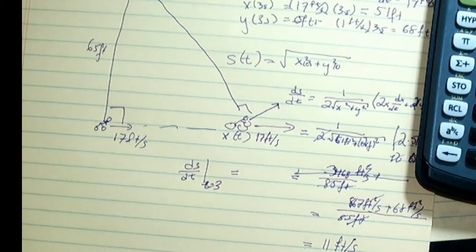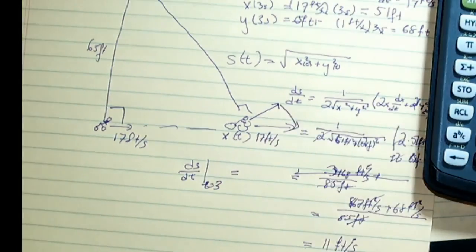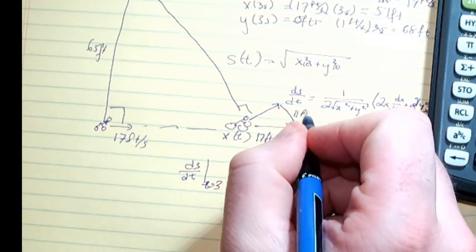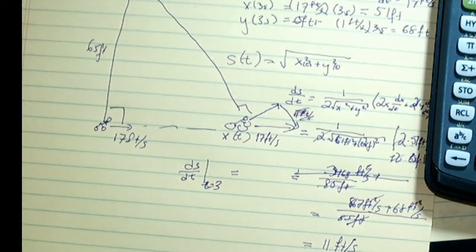And that component is not helping him get further away. And another component goes along that distance, and that's the actual rate at which he's getting away. And what we just learned is that's 11 feet per second at that moment. Well, it's a little bit less than that because the balloon is also moving away. And we take into account all these different things.